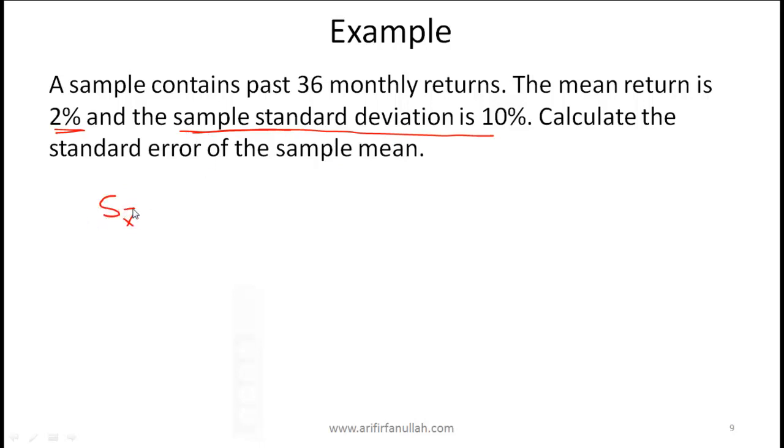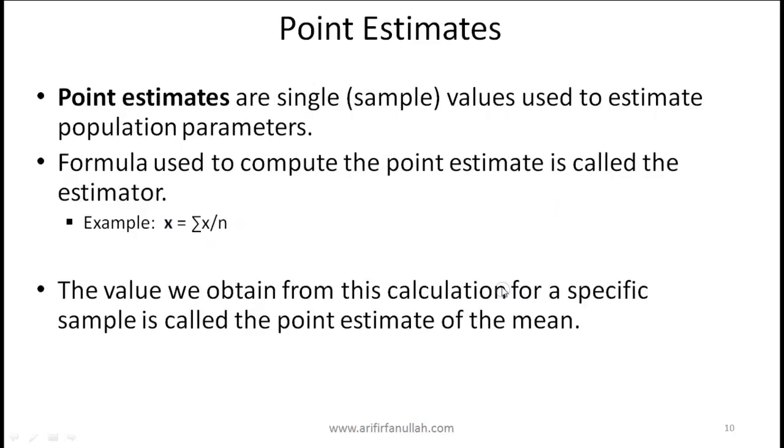So instead of using sigma for the population, we simply use the sample statistic, which is S, divided by root n. So the formula is fundamentally the same. S is the sample standard deviation, which is 10%, divided by root n. N is 36, so root n is 6, and we have 10 over 6, which is basically 1 and 4/6.